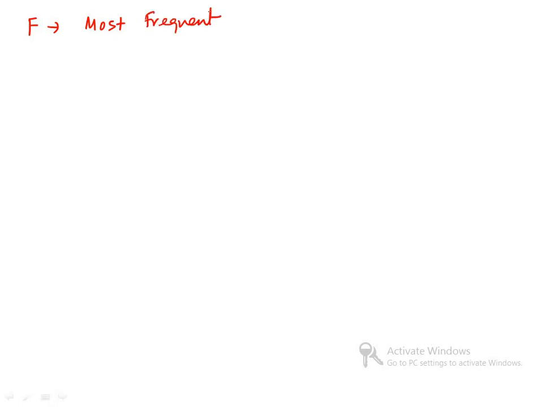The most frequent letter appearing in the cipher text is F, and the second most frequent letter in the cipher text is C. Sorry. The question is, find the pair of keys. Just this much information you have.